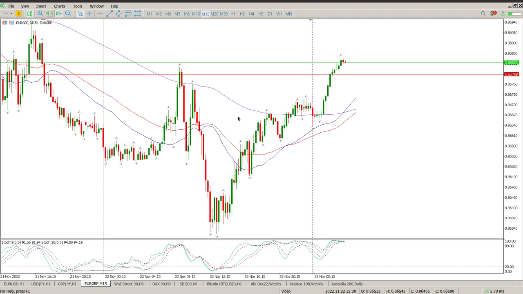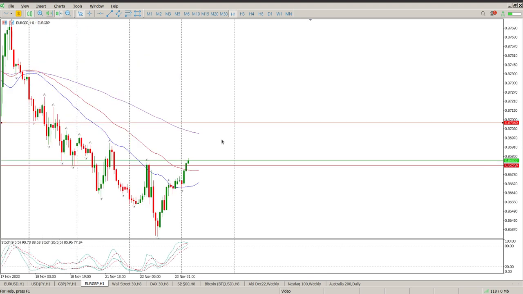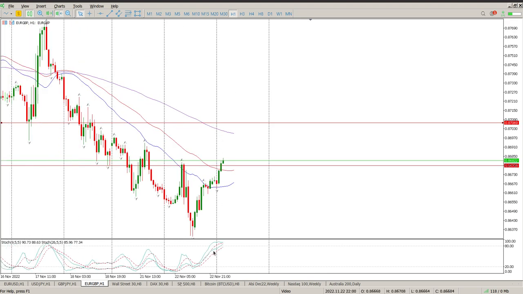So today, it looks like we're trying to turn this thing around on the 15 minute, but if you look at it on the hour, trend is still down, grouping to the upside.